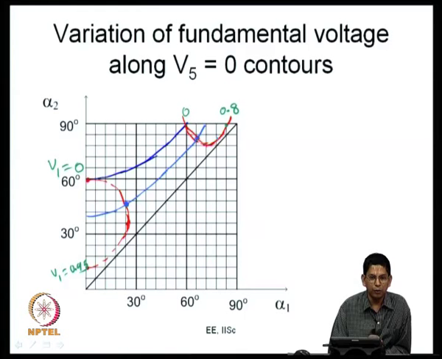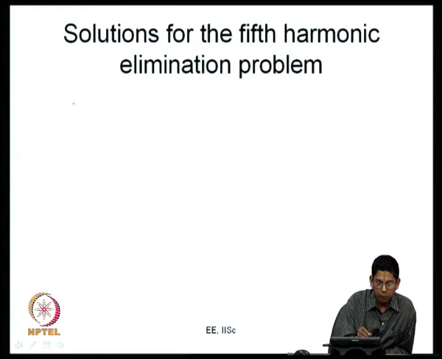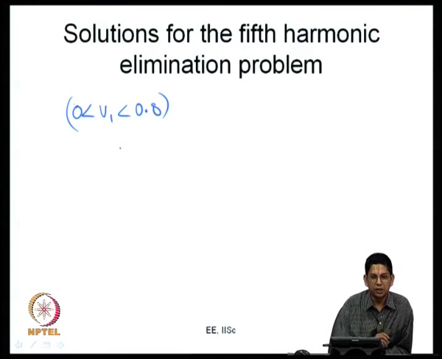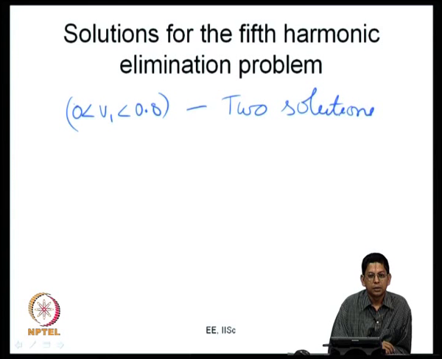Whereas, if you choose something like V1 equal to 0.93 or so, it may intersect only this curve but it may not intersect the other curve at the top right corner. So, this has only one solution. So, we can say the solutions for the fifth harmonic elimination problem, in the range of V1 from 0 to 0.8, in this range you have two solutions possible.